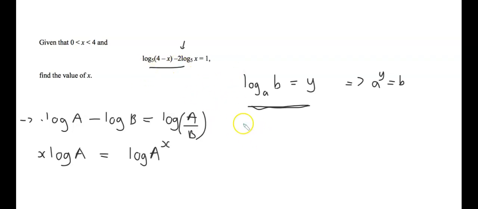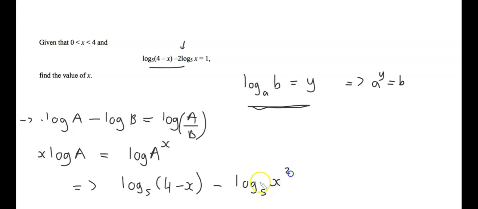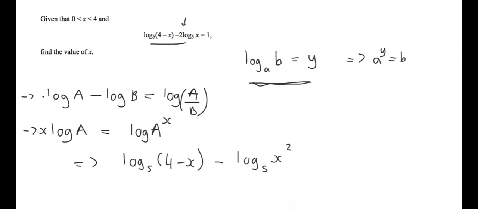So this left hand side is going to be log of 4 minus x to base 5. And let's take the 2 to the top. So that will be x squared when we take the 2 to the top there using this rule here. And now what we would like to do is to combine these two as one log.